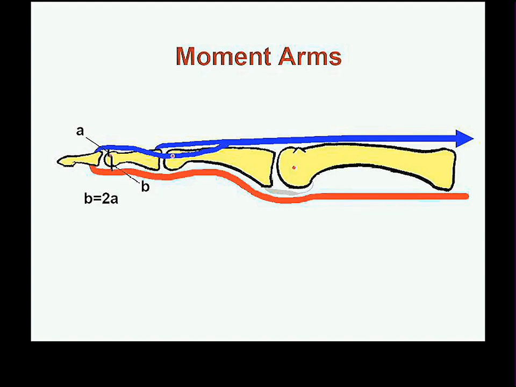The flexor digitorum profundus has a moment arm of B, which is twice the value of A. At the PIP joint, the central slip has a moment arm of C. The flexor digitorum profundus has a moment arm twice as great. At the MCP joint, the moment arm of the extensor digitorum communis tendon is the same as the moment arm of the flexor digitorum profundus tendon. We've got all the moment arms, we've got the forces now, we can do the calculation.